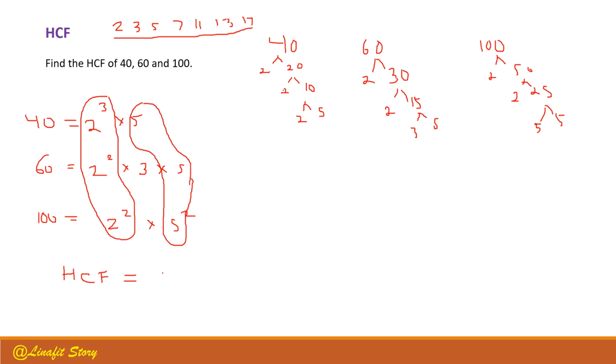So the answer is 2 squared times 5. 2 squared is 2 times 2 is equal to 4. So 4 times 5. So the answer is 20.